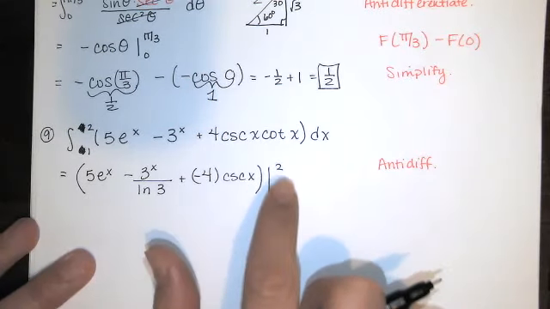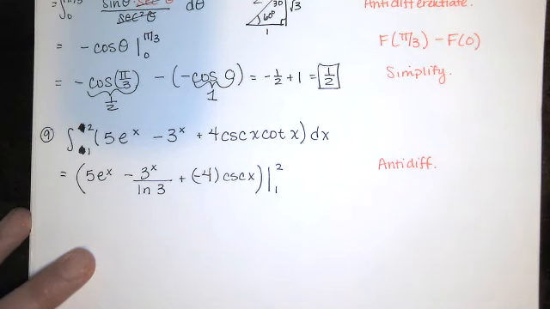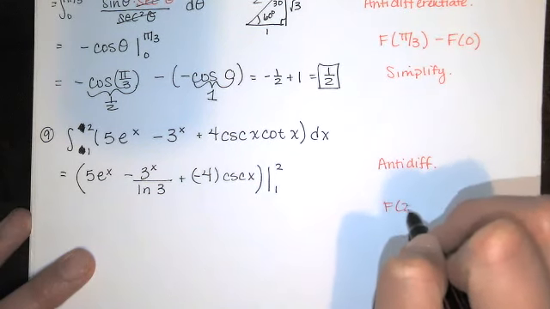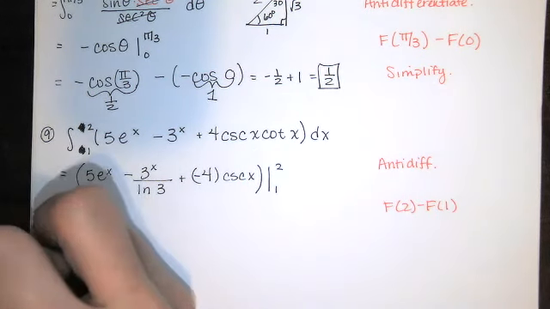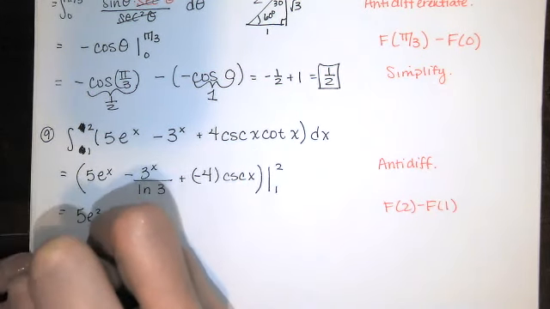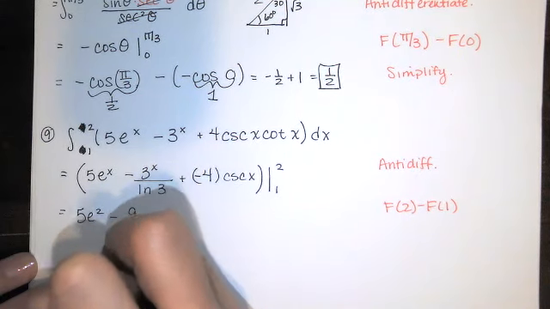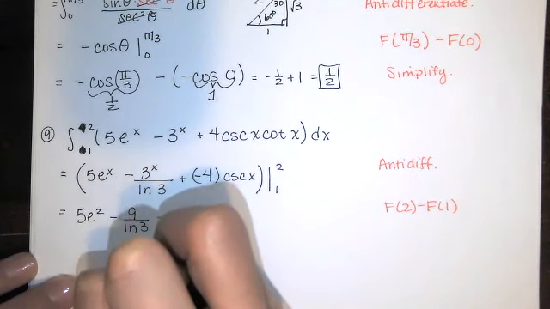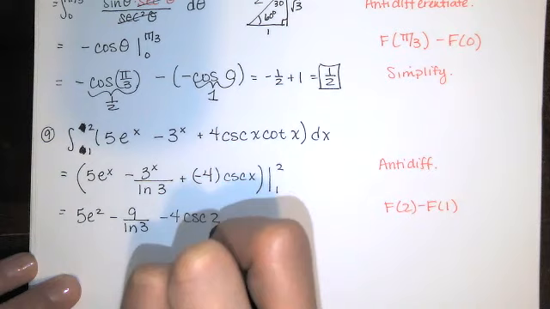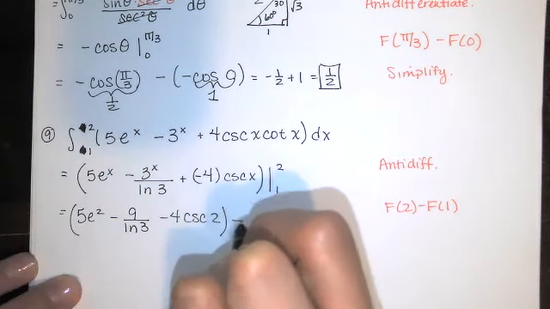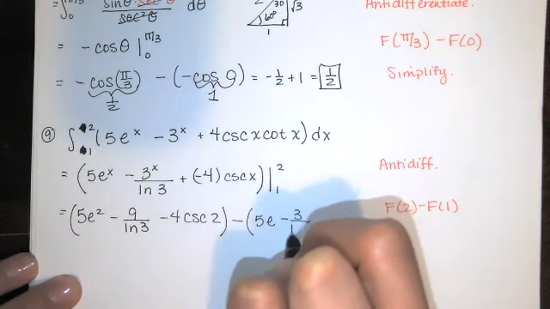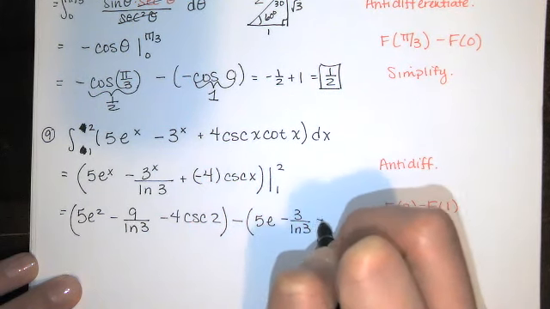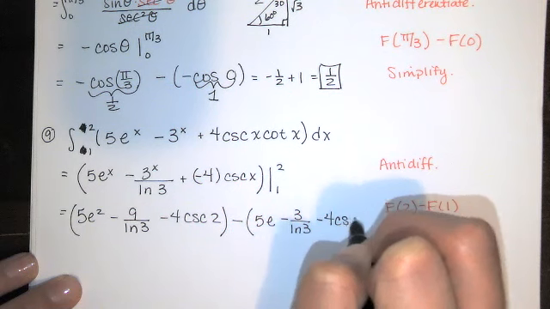Okay, so now we're going to plug in 2 and 1 and subtract. So I've got 5e squared minus 3 squared, that's 9, over natural log of 3, minus 4 times cosecant of 2, minus 5 times e minus 3 over natural log of 3, minus 4 times cosecant of 1.